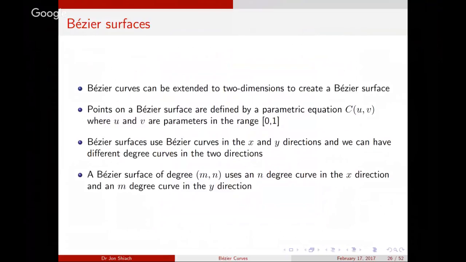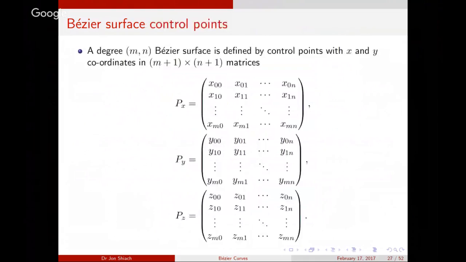If you have a Bezier surface of degree m by n, where m is the degree of the curve in the y direction and n is the degree of the curve in the x direction, then when we talk about the degree of the patch, we talk about both degrees.